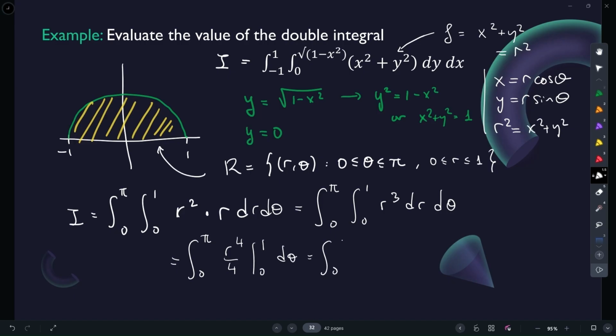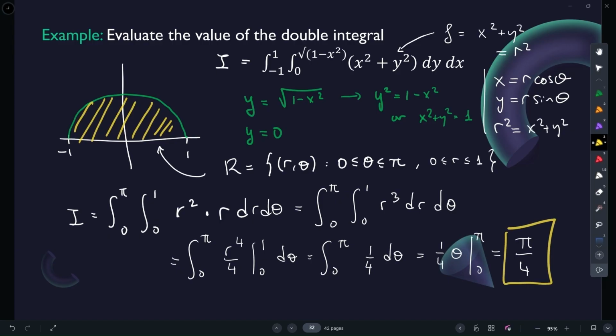That is the integral from 0 to pi of a fourth d theta, and that is simply a fourth theta between 0 and pi, which is pi over 4 when we're all done. So that is the answer, pi divided by 4, while without the polar coordinates, this integral would have been quite complicated to do.